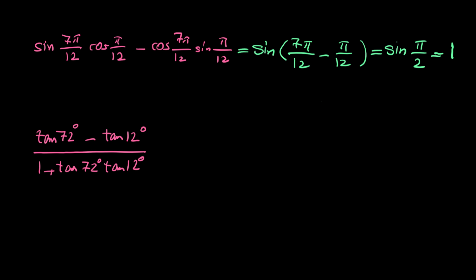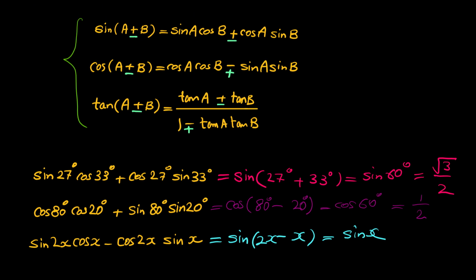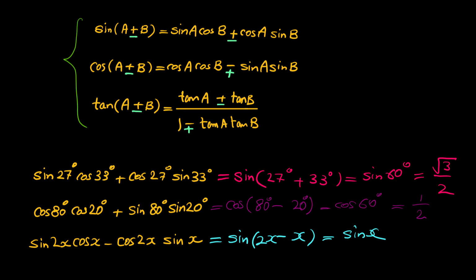Look at the next example. We want to simplify tangent of 72 minus tangent of 12 over 1 plus tangent of 72 tangent of 12. This reminds me of this relation here. Tangent A minus tangent B over 1 plus tangent A tangent B. Attention here.